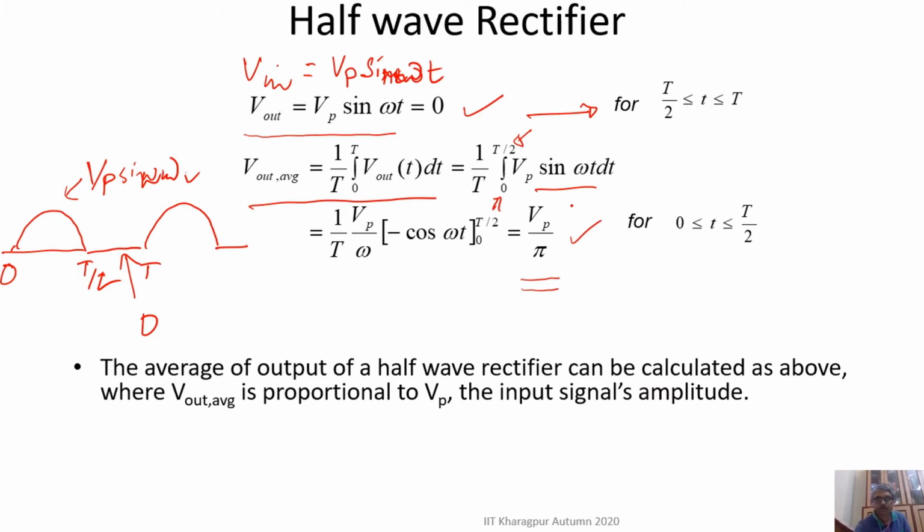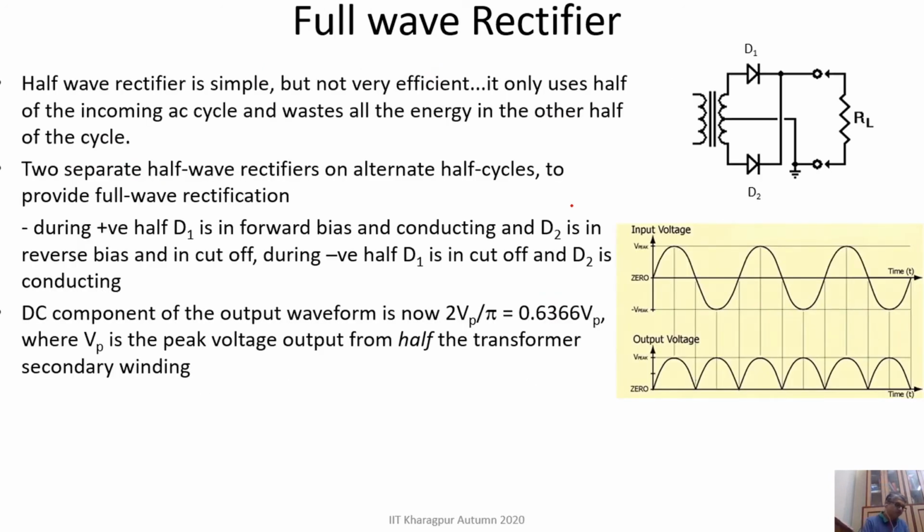Now let's talk about the full wave rectifier. So far we have gone through the half wave rectifier. In the case of the full wave rectifier, this is a typical circuit where we have two diodes, D1 and D2, and a transformer with a center tap.